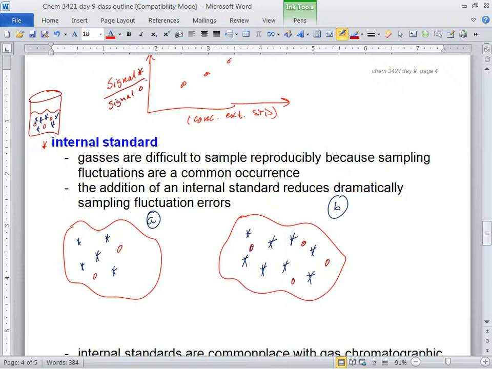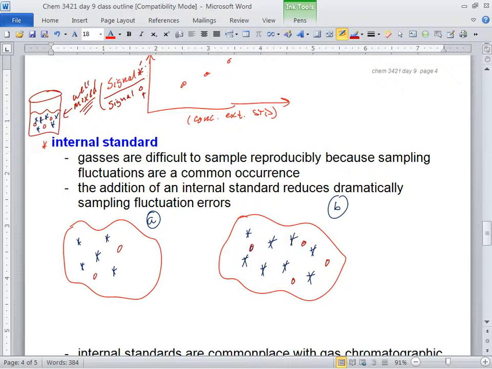So the ratio is about 2 to 1. Here in B, hopefully the ratio is still around 2 to 1. You just sampled too much of your analyte, and you sampled too much of your internal standard. So it just keeps the ratio the same. That's how it cancels out sampling fluctuations, by introducing an internal standard. So you just have to make sure this is really well mixed, and that the internal standard behaves the same as your external standard that you still have in there.